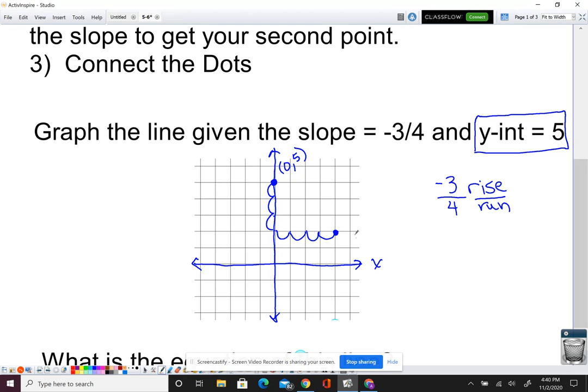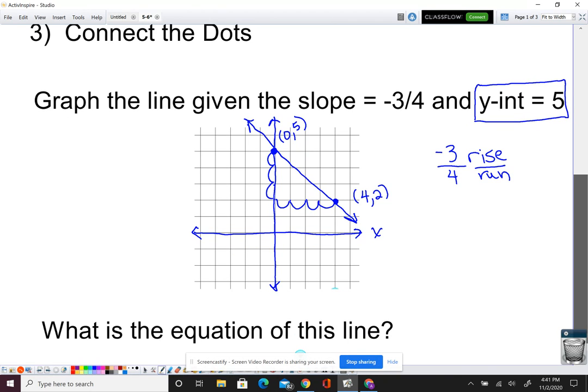We now have this point at (4, 2). We create our line by connecting those dots. So plot the y-intercept first, from that y-intercept use the slope to get a second point, and then connect those points.